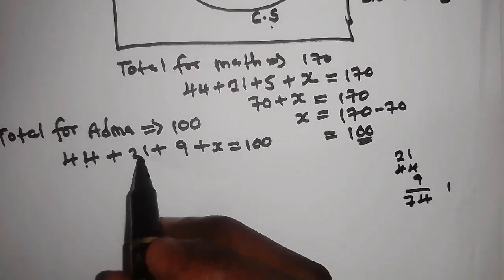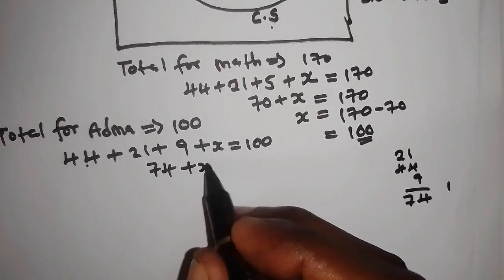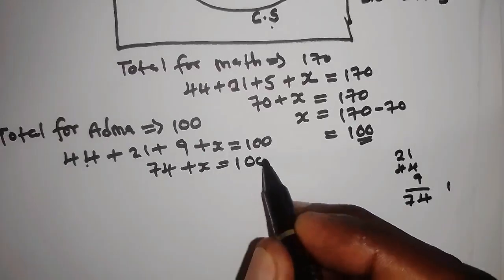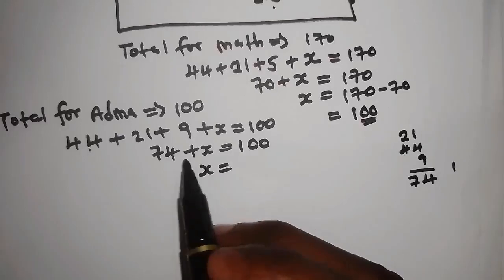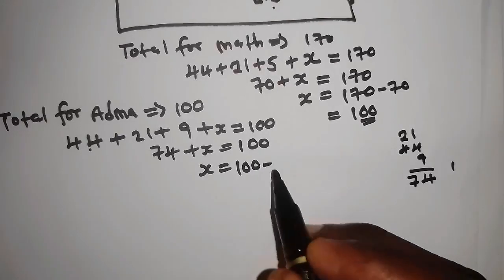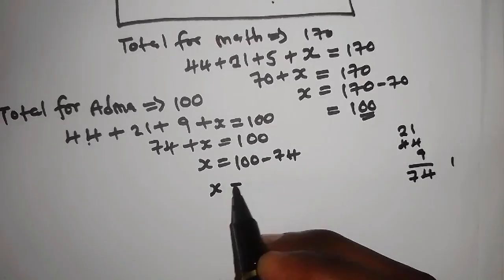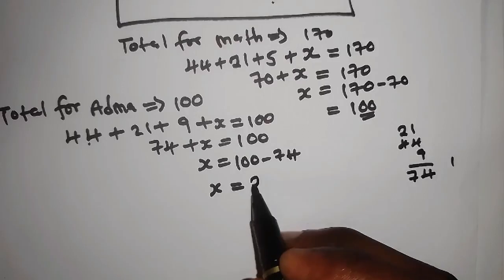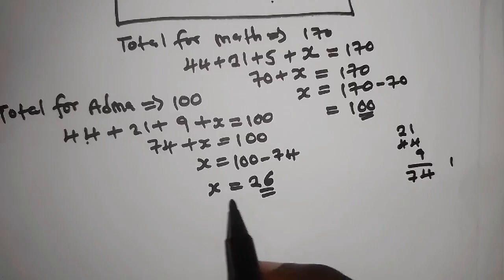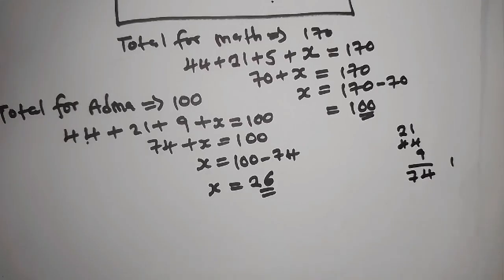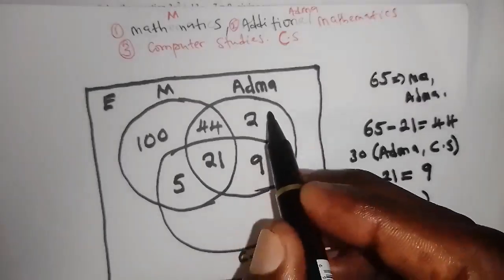So when you add this plus this plus this, you get 74 plus this x. It's going to give us 100. Then we have to make x the subject. This is going to be 100 minus 74. And this is going to be x equals to just 26. Okay. So those that taught only additional mathematics were 26. So we are going to put this number here.